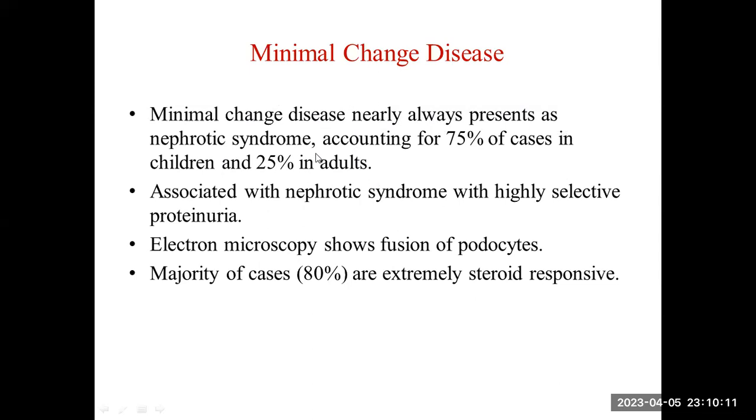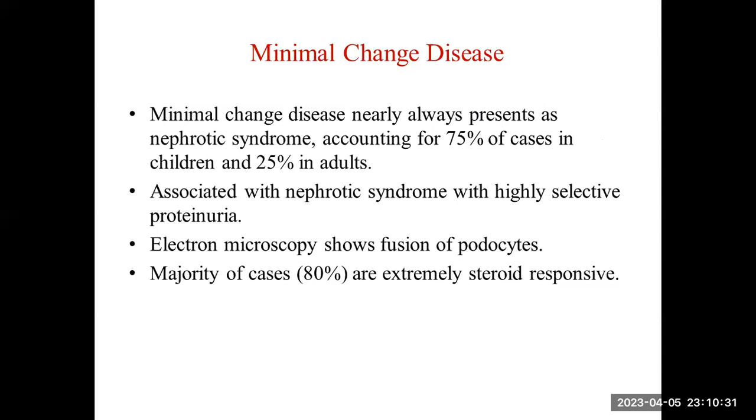Regarding minimal change disease, in most cases, it's an idiopathic condition. So it's a primary type of glomerulonephritis. As we discussed previously, glomerulonephritis in a lot of cases can be idiopathic in nature, and so it will be regarded as primary glomerulonephritis or primary glomerular disease.